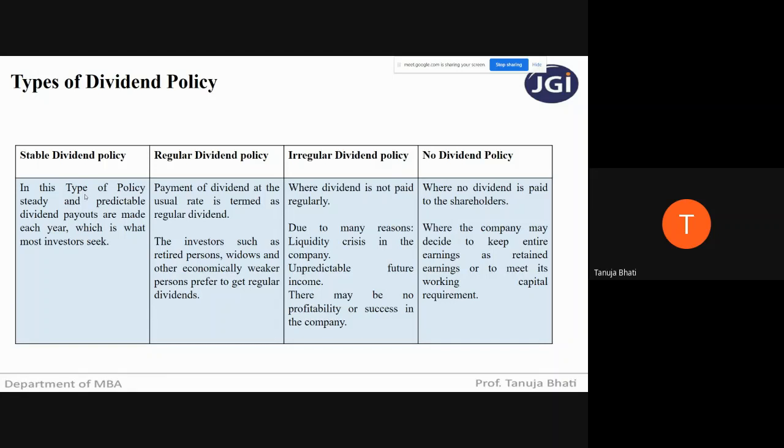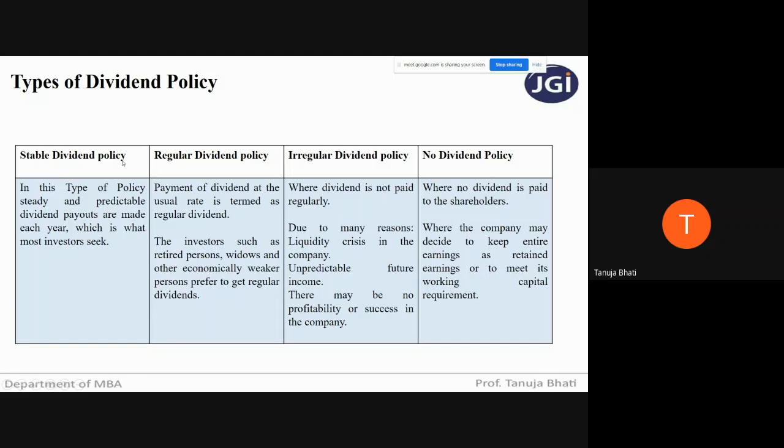When I say constant dividend per share, the company will pay a fixed dividend irrespective of the number of shares the investor is holding. When I say stable plus extra dividend, some companies follow a policy of paying a constant low dividend per share plus an extra dividend only in those years where the company is making maximum profits. So there are three types of subdivisions under stable dividend policy.